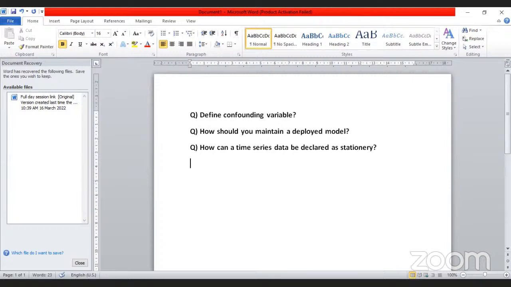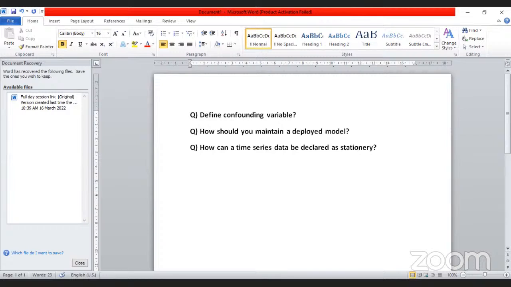In a simple way, if we have trend or seasonality in our data, our data is not stationary. If we have a trend, the mean of the data is not constant; the mean is continuously increasing, so our data is not stationary.